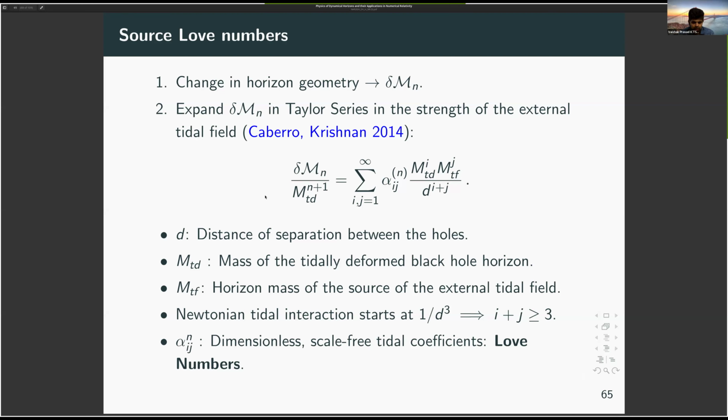There are two different dynamical horizons, and D is the distance of separation between them. Since these are the only parameters in the system, you would expect the coefficients accompanying them to be dimensionless and scaled out. And by running numerical simulations, tracking apparent horizons, computing these multipoles, and calculating these numbers, we aim to quantify the tidal deformability of black holes. And these could be called strong field Love numbers.